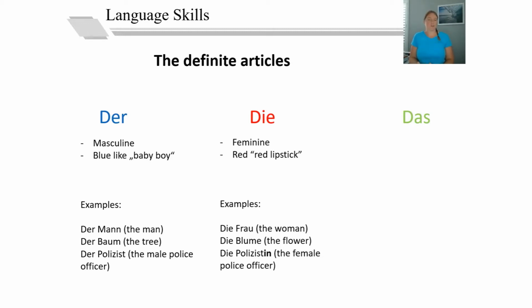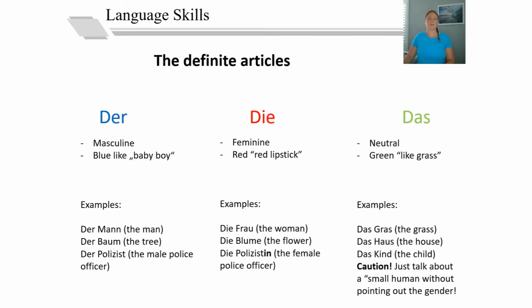Der Ingenieur, die Ingenieurin. Actor and actress, der Schauspieler, die Schauspielerin. Whenever you have this IN on the end, it shows you that here we are talking about the female person in the profession.